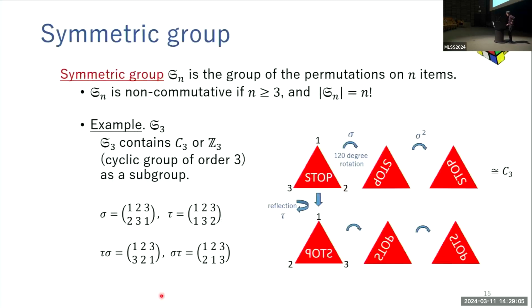Okay. So I'm going to explain more important examples used in developing machine learning methods. The first one is the symmetric group. The symmetric group is the group of all the permutations of n items, denoted by Sn, where n is the number of items.